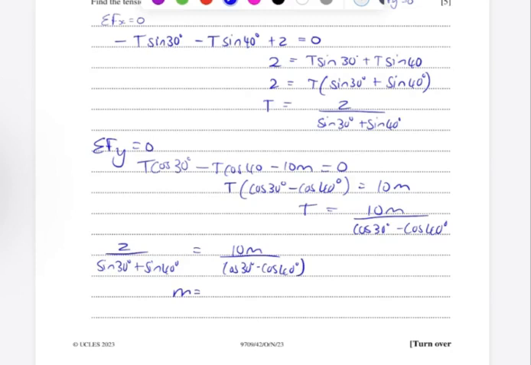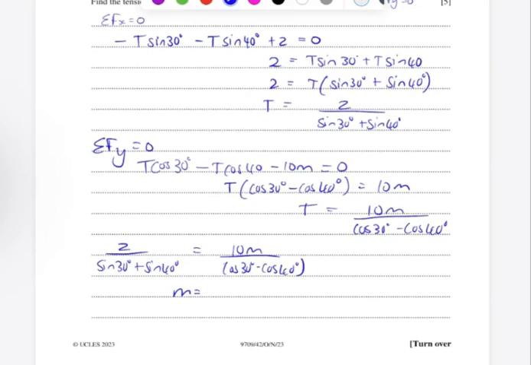So I'm saying 2 divided by, we've got to make sure the calculator is in the right mode. Okay, 2 divided by sine 30 plus sine 40. And then we're going to multiply it by cos 30 minus cos 40. And all of that should then be divided by 10, and we then get a value for m.